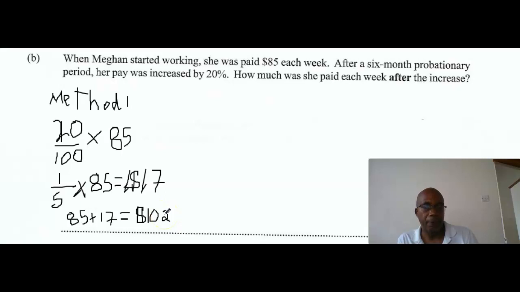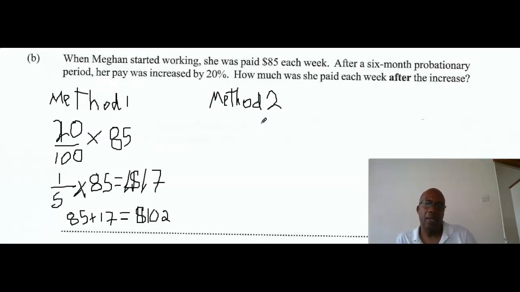So that was method 1. Let's go to method 2. For method 2, basically, we use $85, the original amount, as a whole, which means 100%.